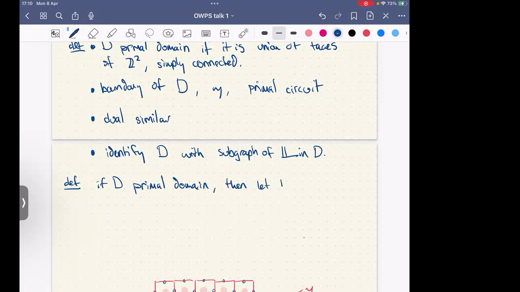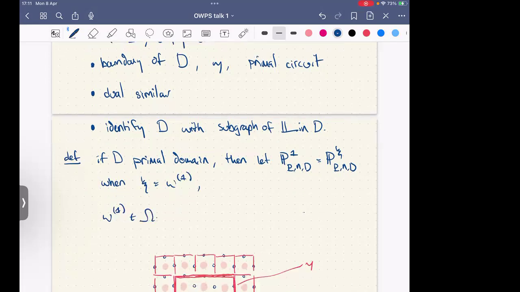let P, I'm just going to write 1 in the superscript, be exactly this P psi and D, when psi is equal to omega, I'm going to write superscript brackets 1, okay? Where omega 1 is the configuration on the entire lattice such that it's always the primal edge.